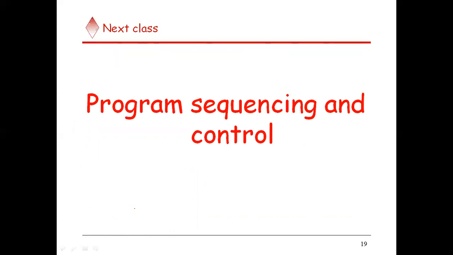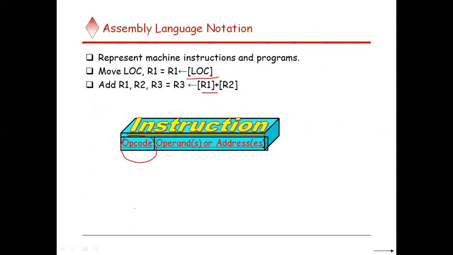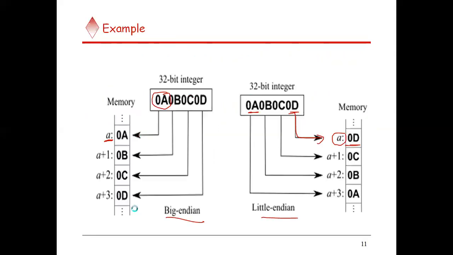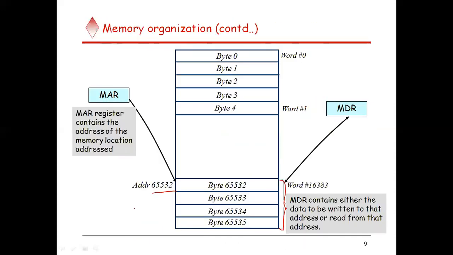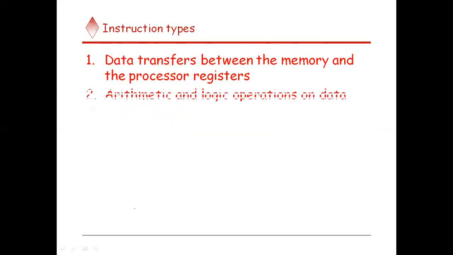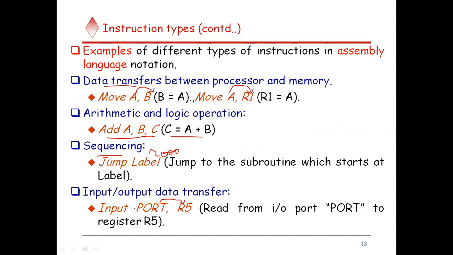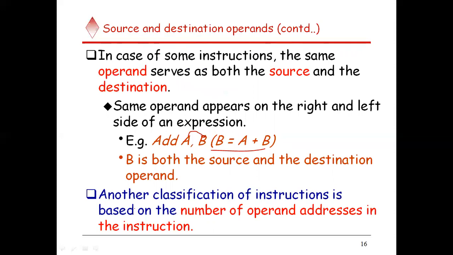In today's session, we discussed how memory addresses are present inside the system, what is meant by big endian and little endian assignment, what is meant by word addressable and byte addressable memory, and the different instruction types: zero address, one address, two address, and three address instructions. Mainly these things are the introduction to our second chapter.